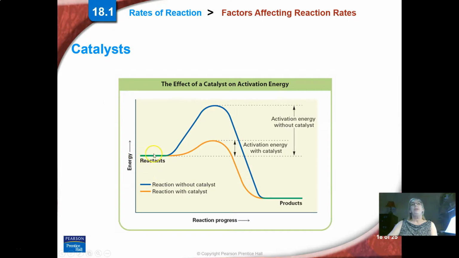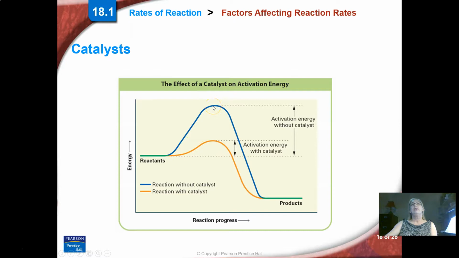This was our original situation we just talked about. Reactants had a certain amount of energy. They need enough energy to hit correctly and form that activated complex, and then they will break apart and turn into the products. If we throw a catalyst in here, then we need a lot less energy for those reactants to turn into the products. So this is the energy diagram with a catalyst, and this is the energy we need if we don't have a catalyst.